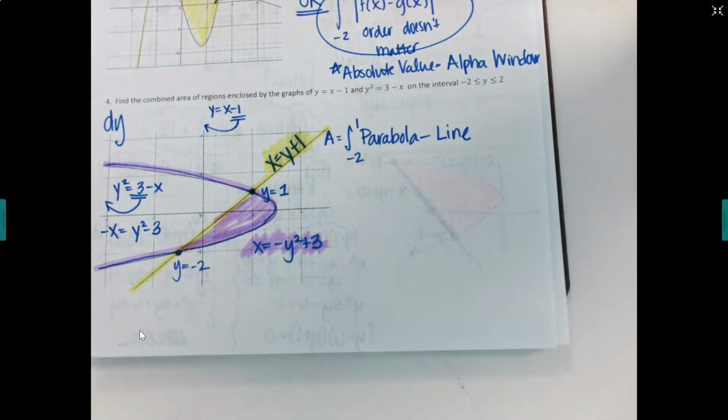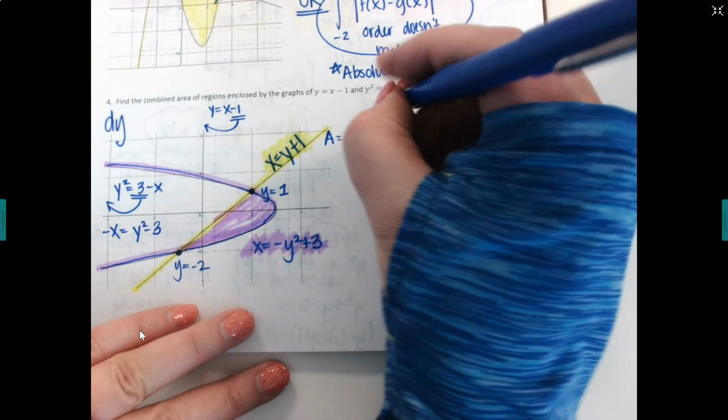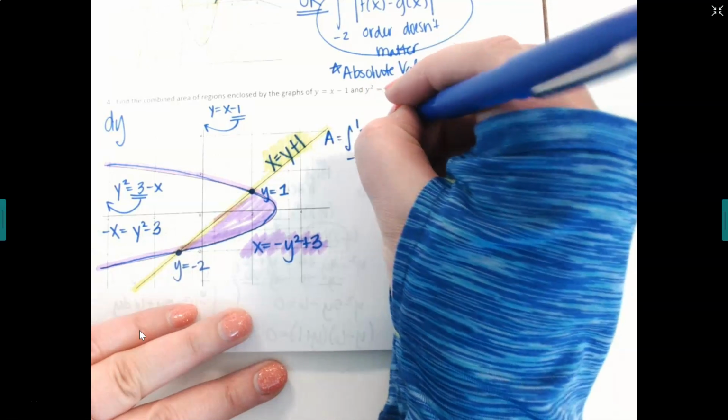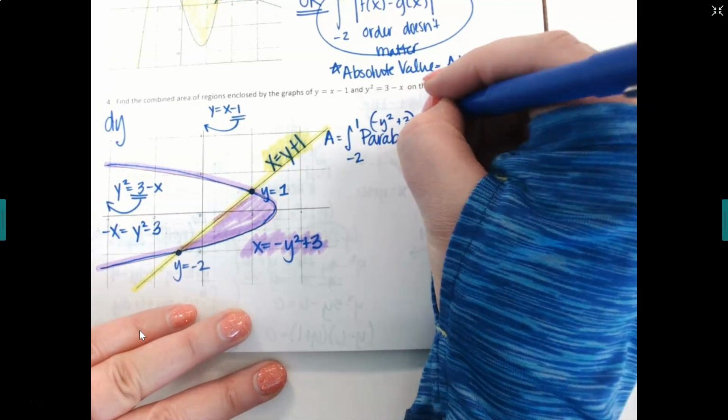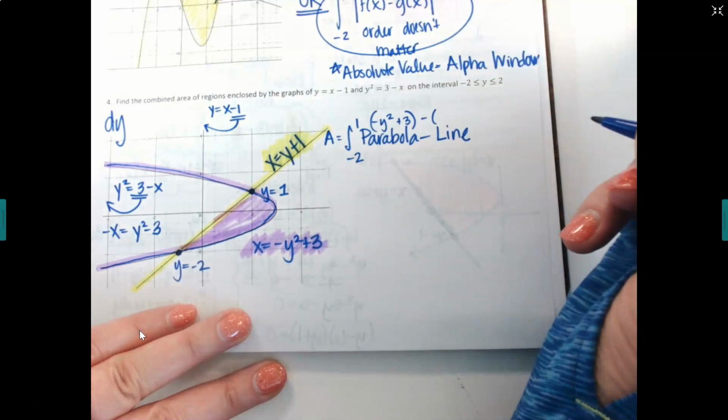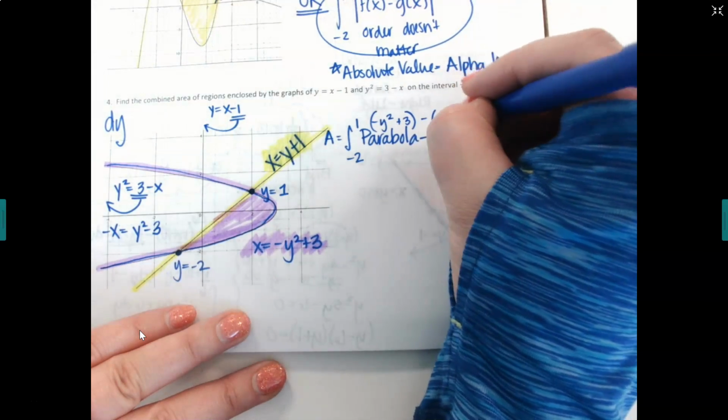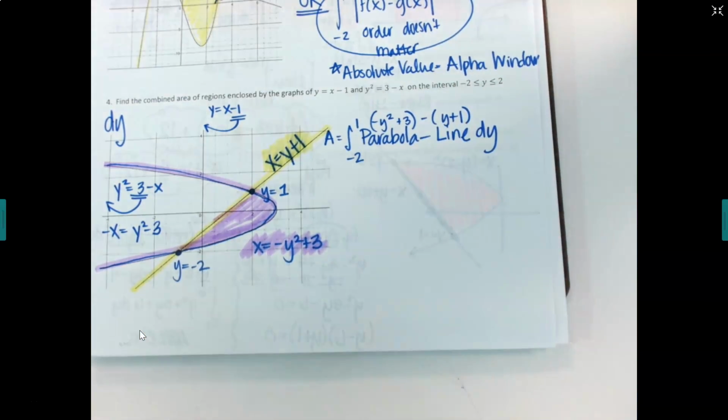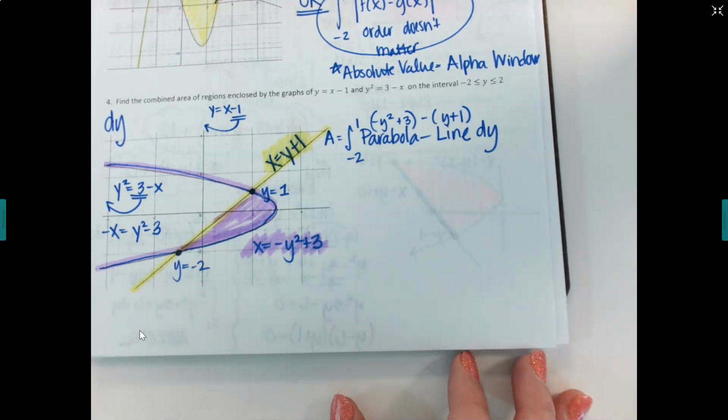So that makes sense. Then when I subtract my graphs, I would do the parabola minus the line, so it would be negative y squared plus 3 minus y plus 1 dy. Make sense?